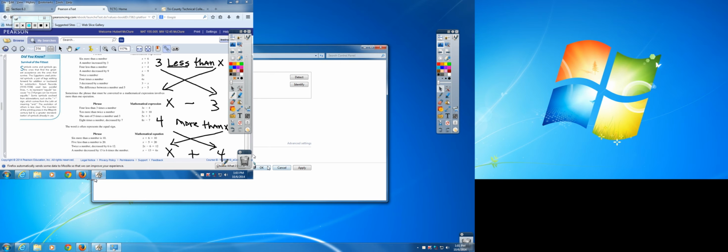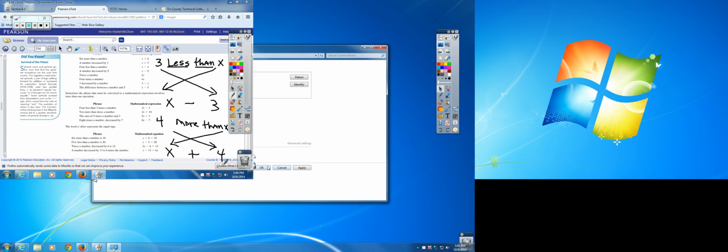What does commutative mean? 2 plus 3 is the same as 3 plus 2, right? And so it really doesn't matter with addition, but you need to get into practice of whenever you see more than or less than in a word problem, crisscross and put the sign.